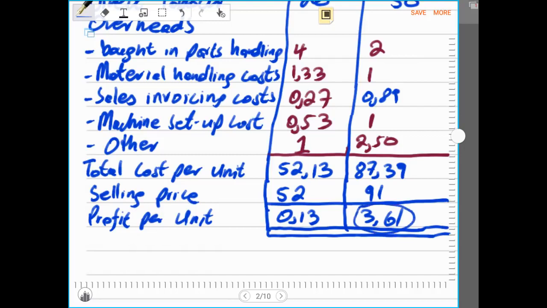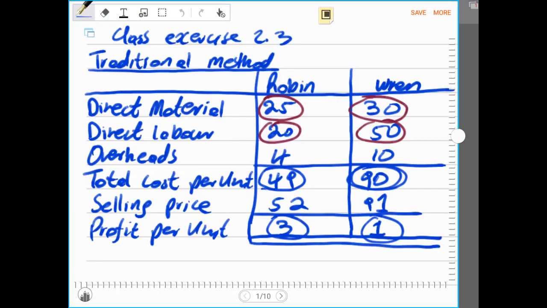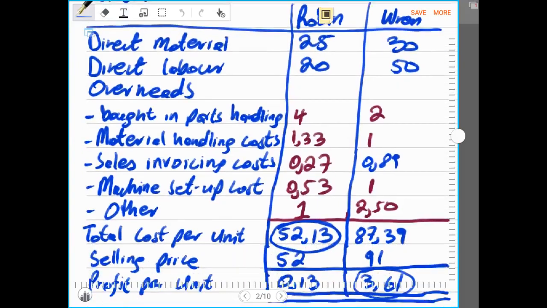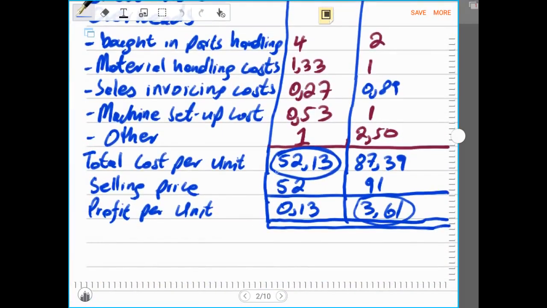This resulted in a higher profit of 3 rand 61 cents. However, for product Robben, in the ABC we had a total cost of 52 rand 13 cents in comparison with the total cost of 49 rand, and because of the ABC approach, the total cost per unit of 52 resulted in a lower profit of only 13 cents.